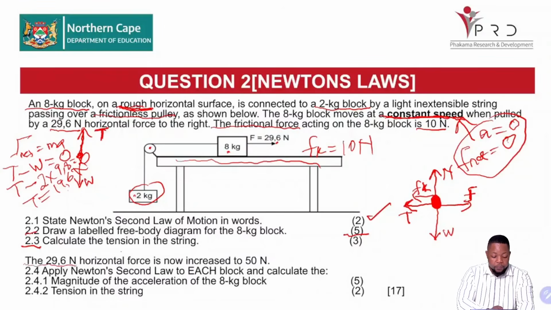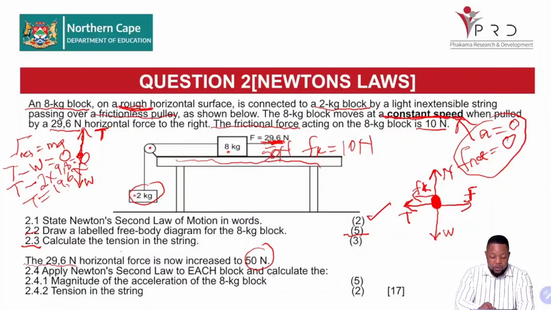Then the next question says the 29.6 newton, they are referring to this 29.6 newton horizontal force, is now increased to 50. So we are increasing this force. Remember, initially they were moving at a constant velocity. Now this force is increased to 50 newtons.